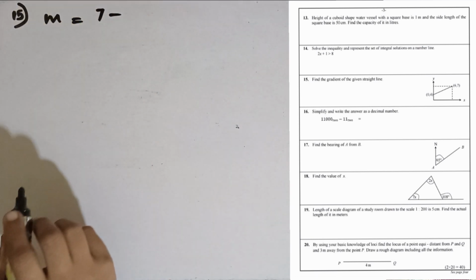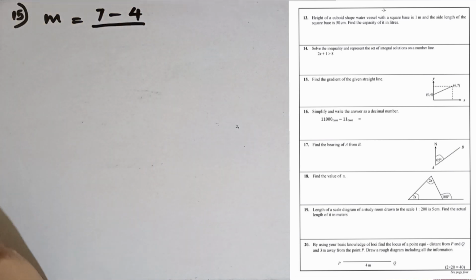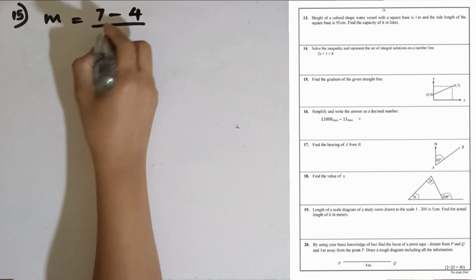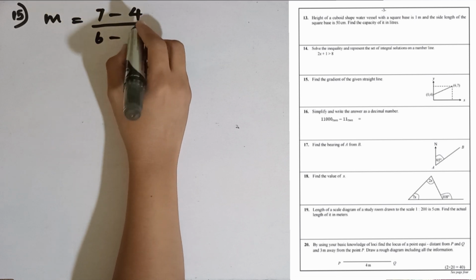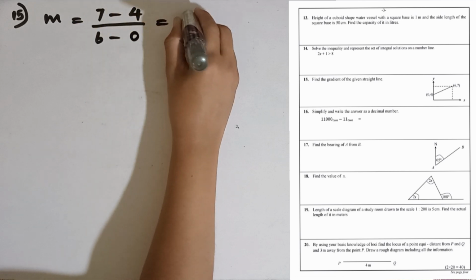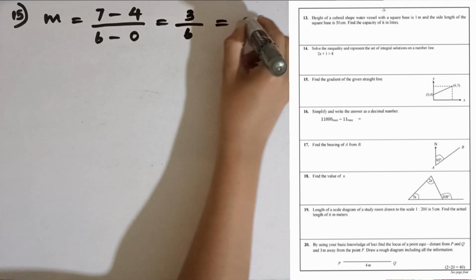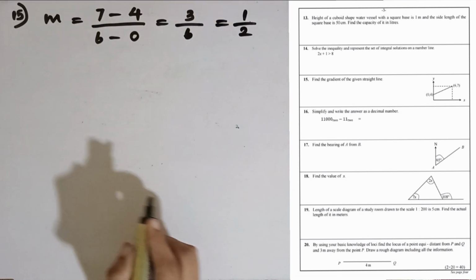Then the y coordinate in the other point is 4. 7 minus 4, the difference of the y coordinates. Then the x coordinate is 6, 6 minus, then the other point, x coordinate is 0. 7 minus 4 is 3. 6 minus 0 is 6. So the answer is half. That is the value of the gradient.